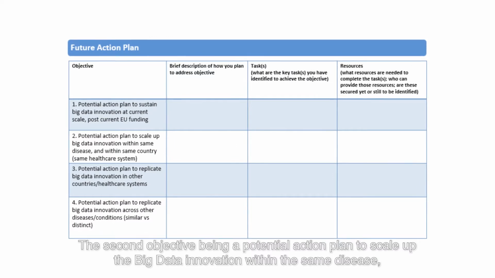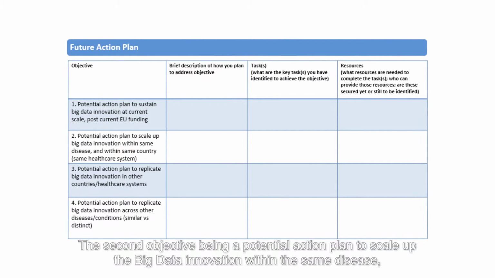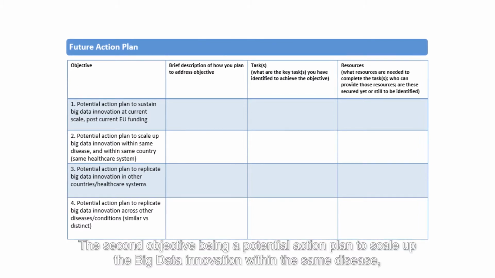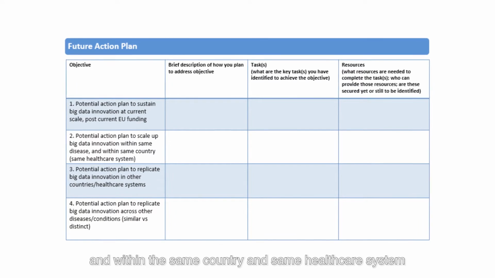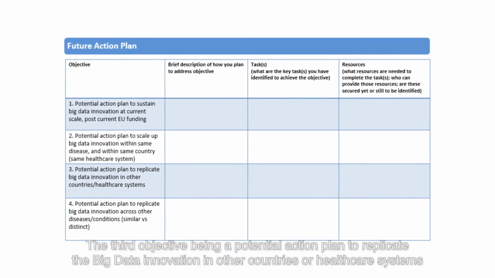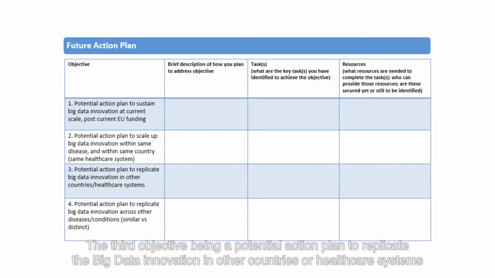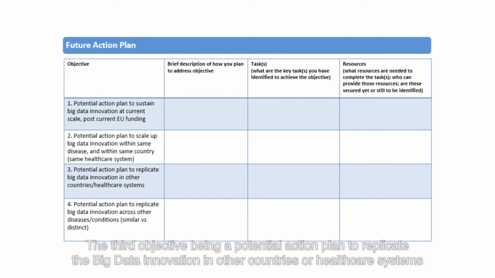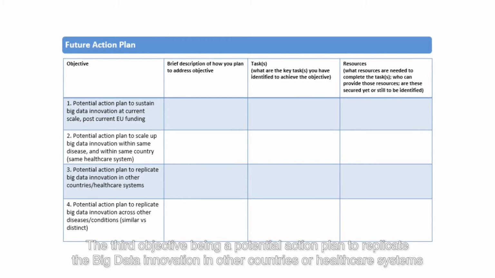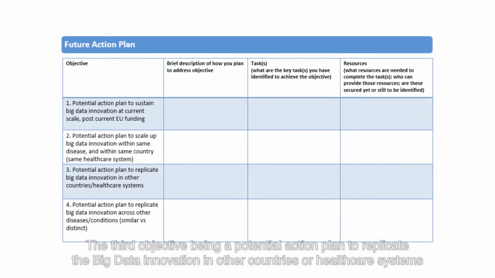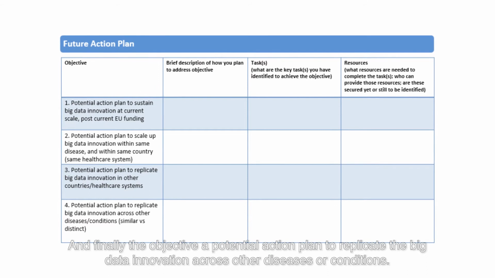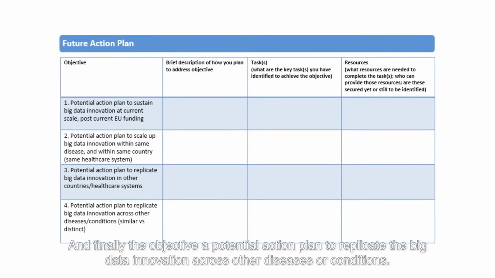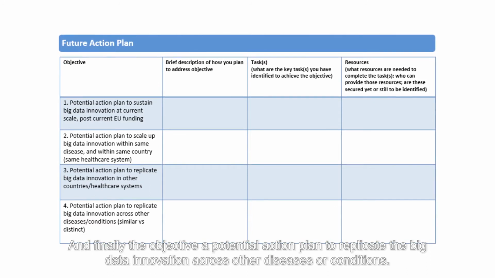The second objective being a potential action plan to scale up the big data innovation within the same disease and within the same country and the same healthcare system. The third objective being a potential action plan to replicate the big data innovation in other countries or healthcare systems. And finally, a potential action plan to replicate the big data innovation across other diseases or other conditions.